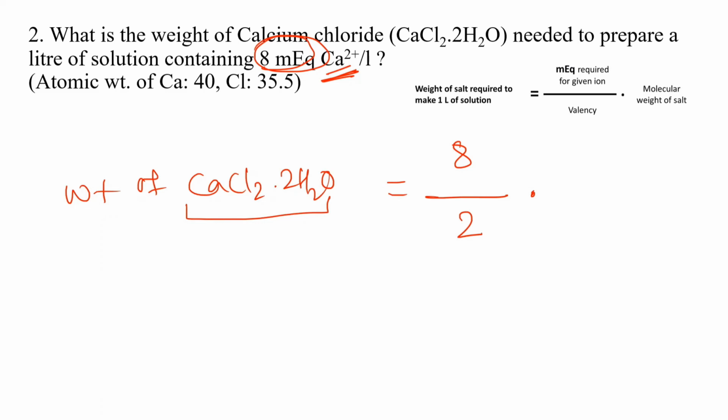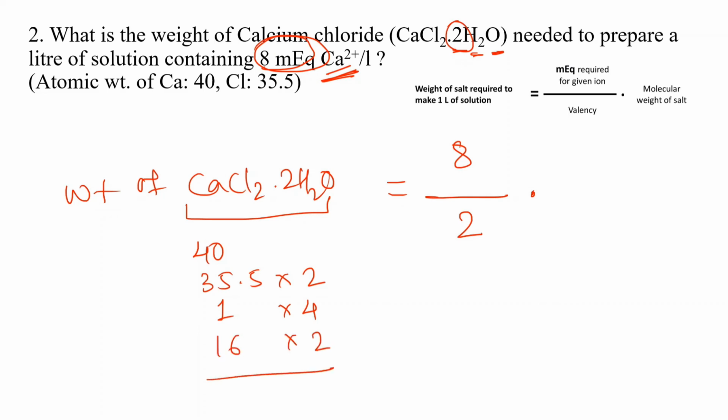Molecular weight is 40 plus 35.5 into 2, plus hydrogen 2 into 2, and oxygen twice, so 16 into 2, and this gives me 147.